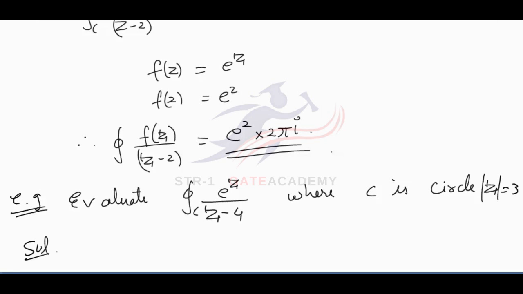Now see, try to understand. In this case the circle is this and this point is here, so it is outside, so it will become 0. Inside only you can find some value, analytic functions inside, so this will be equal to 0. Clear?